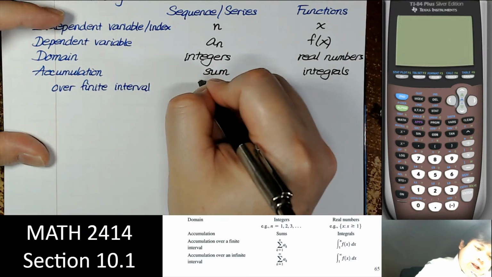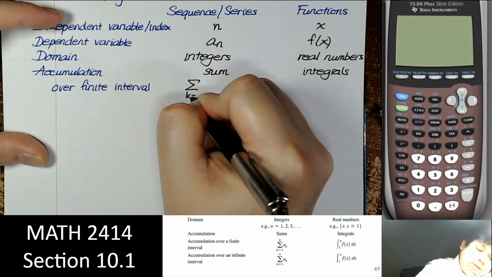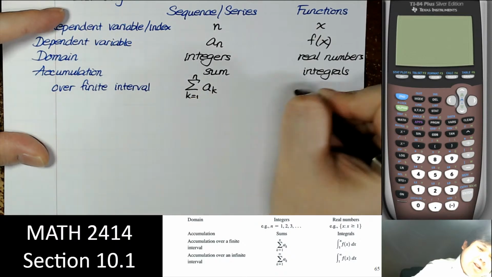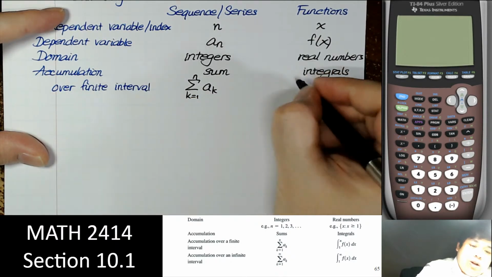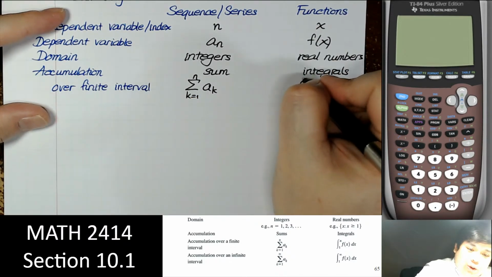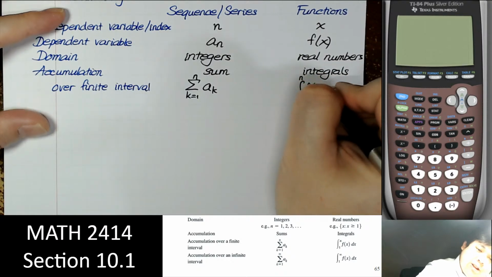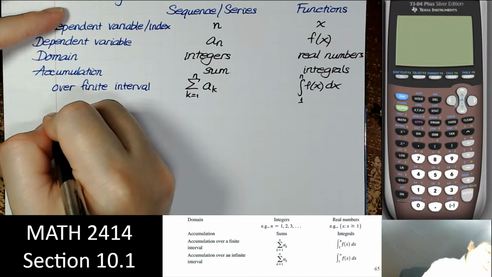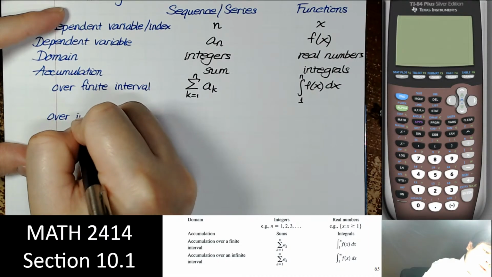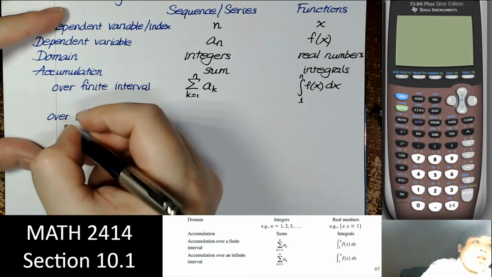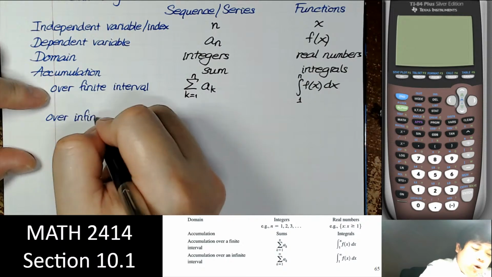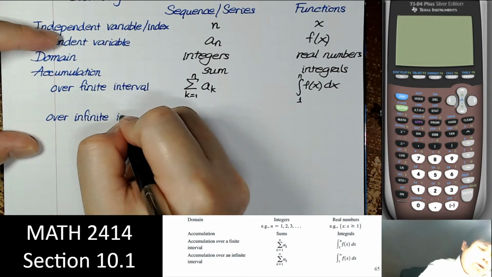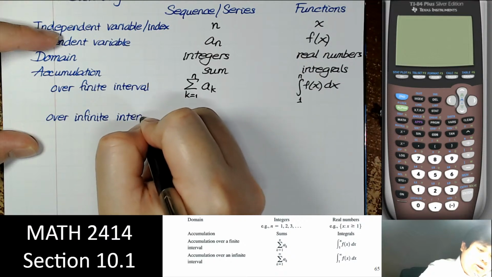So we have the sum that goes to n, or the integral from 1 to n. However, when we say the accumulation over an infinite interval, that is not an indefinite integral.